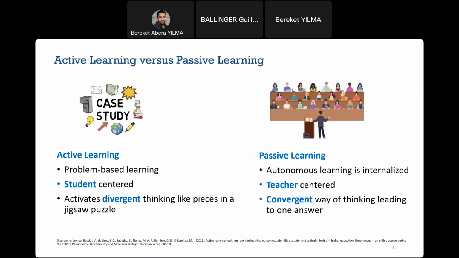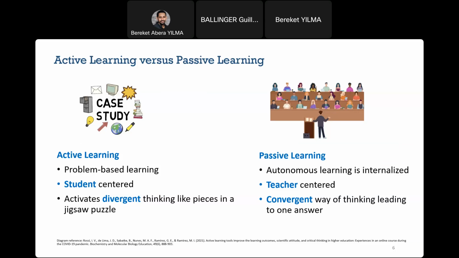When we look at active learning in classrooms, we mainly look at interactive lectures, brainstorming sessions, debates, and large and small group discussions. On the other hand, passive learning is more autonomous learning, where the teacher or professor is simply speaking to the students without that interactive feedback.